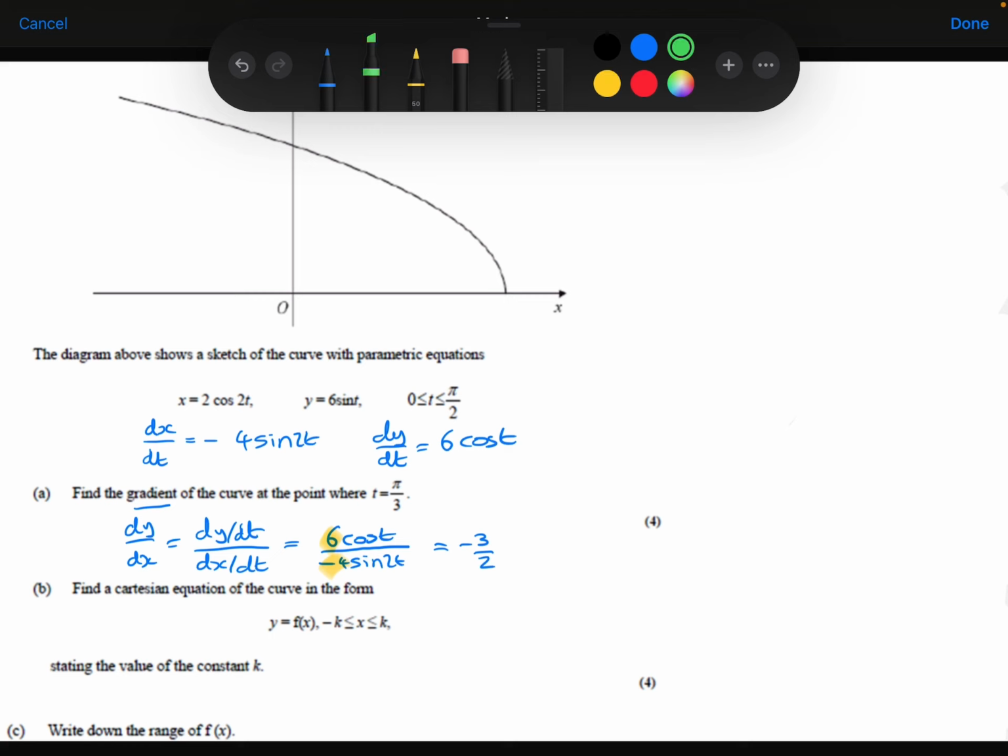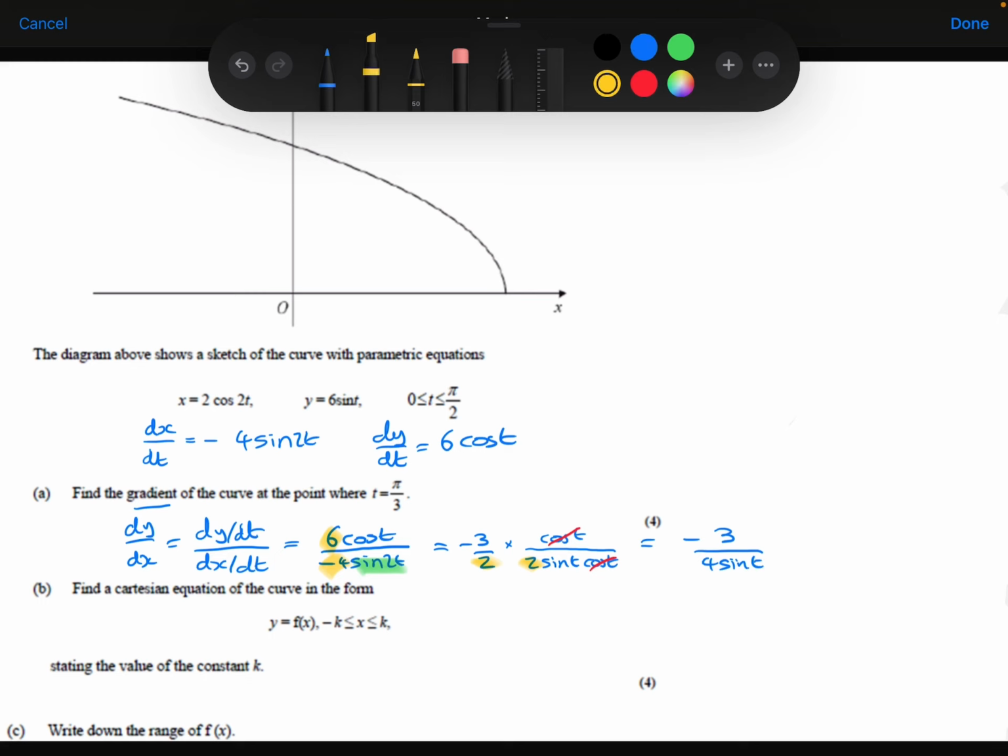The sine 2t here, I know that's the same thing as 2 sine t cos t. And that's quite useful to do because the cos cancels out. The 2 times the 2 gives a 4. And so this is going to simplify to be minus 3 over 4 sine t.